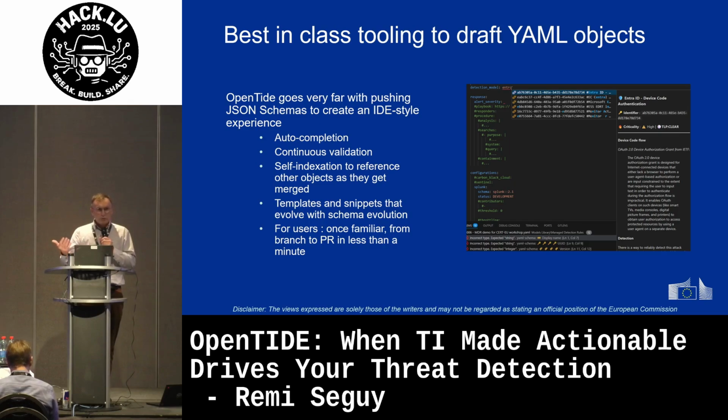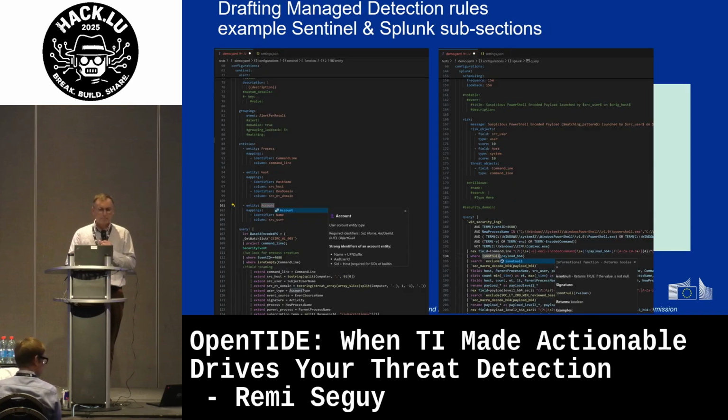To support you in drafting the YAML files, because everything is a YAML file, there is a lot of inline validation. There is a schema. So a lot of vocabularies, etc., are already available. You can do full text search even on the MITRE ATT&CK matrix.